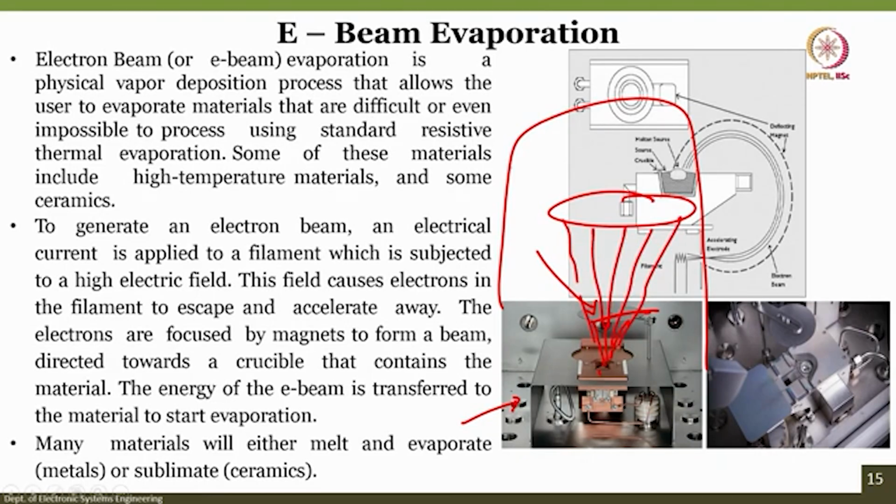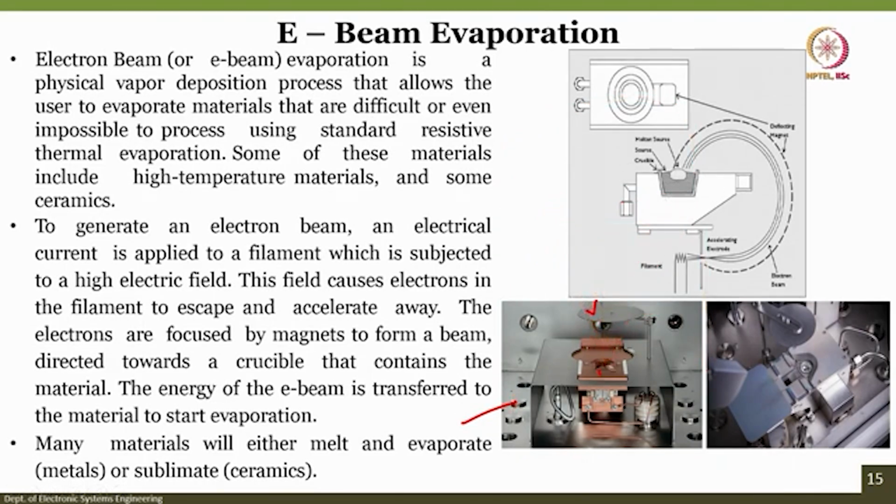So, electron beam or e-beam evaporation is a physical evaporation technique that allows the user to evaporate materials that are difficult or sometimes even impossible to process using resistive thermal evaporation. Some of these materials have extremely high temperature. Now, for generating the electron beam, an electrical current is applied to a filament which is subject to a high electric field, it is here.